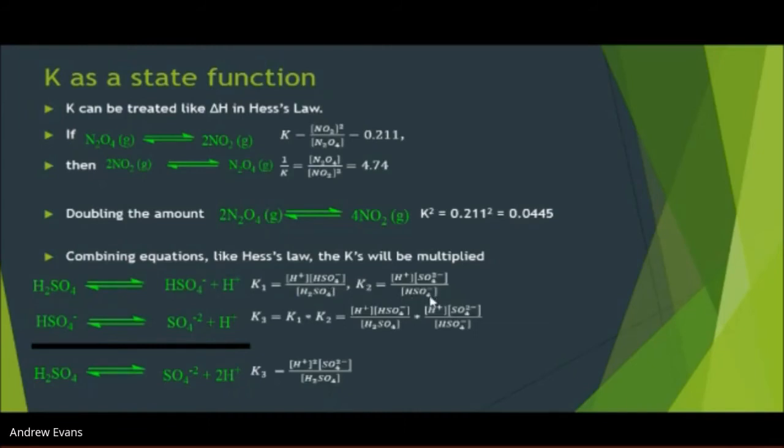When you have a number divided by itself, that cancels out. When you have a number times itself, that's simply squaring it. So H+ times H+ is H+ squared. By multiplying the first reaction by the second reaction, we get the overall reaction.